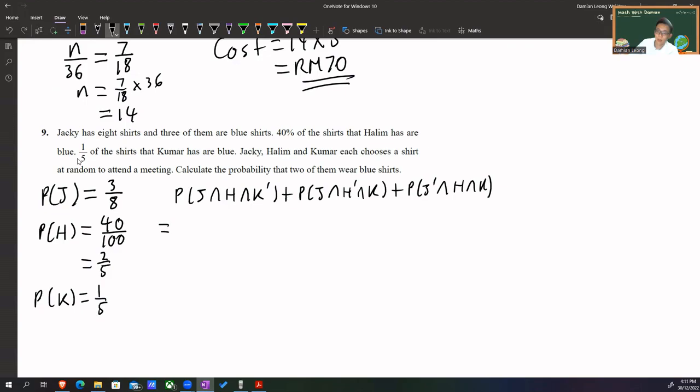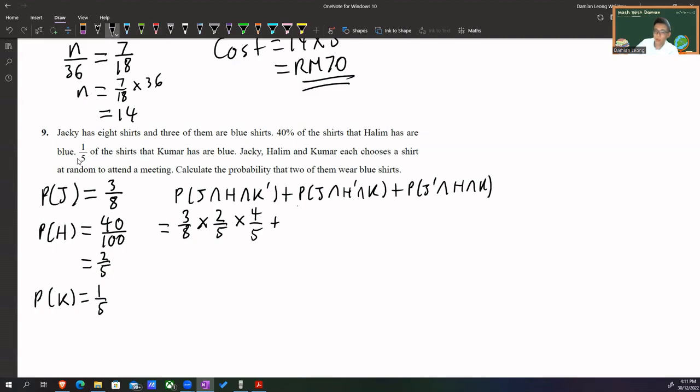So Jackie blue shirt 3 over 8, Halim blue shirt 2 over 5, Kumar doesn't get a blue shirt: 1 minus 1 over 5, so 4 over 5.